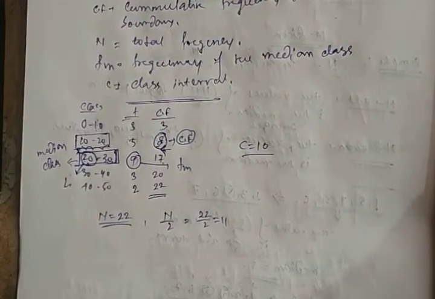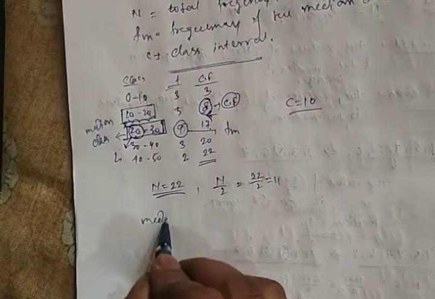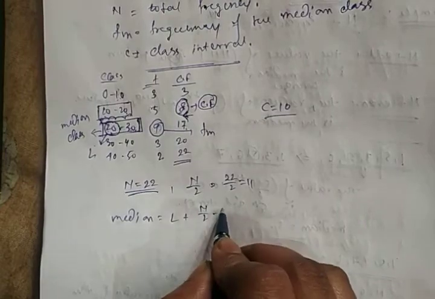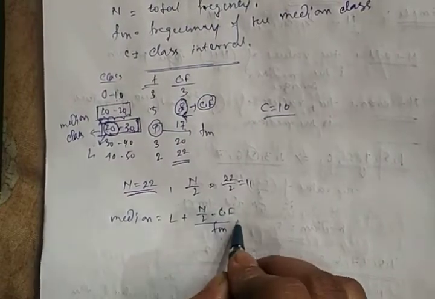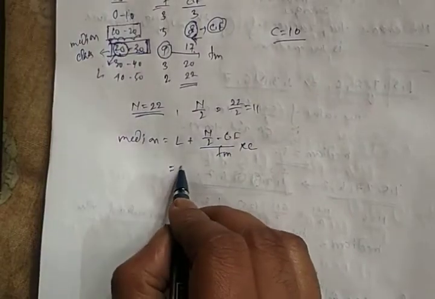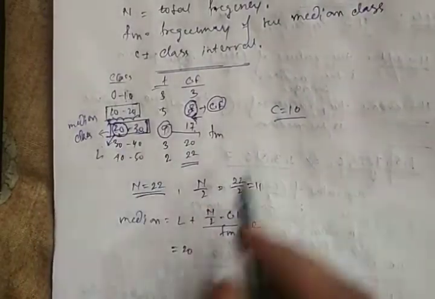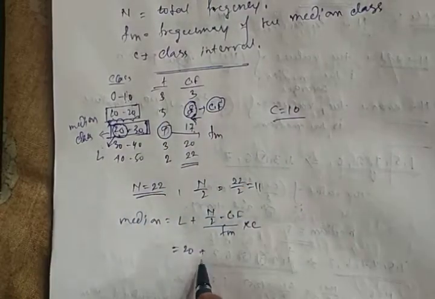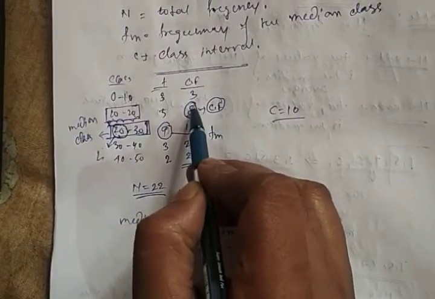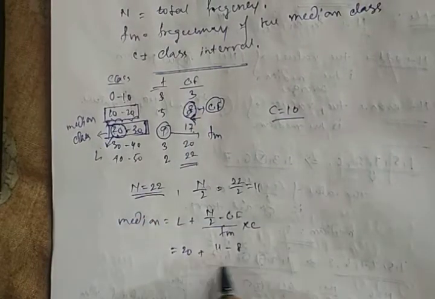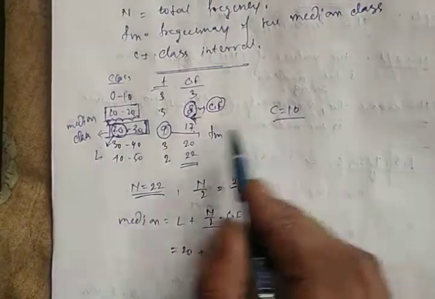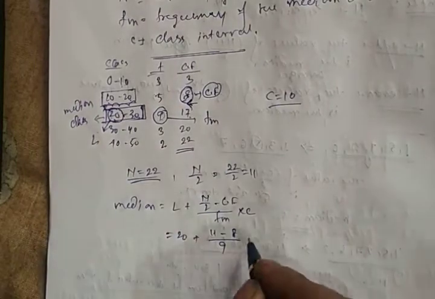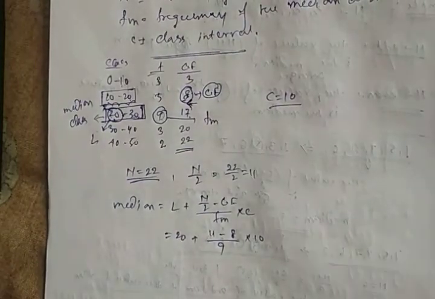By using the formula, median equals L plus (n by 2 minus CF) divided by FM into C. So here L equals 20, n by 2 equals 11, minus CF just preceding the median class, which is 8, divided by FM, which is 9, the frequency of the median class, into 10, the class width.